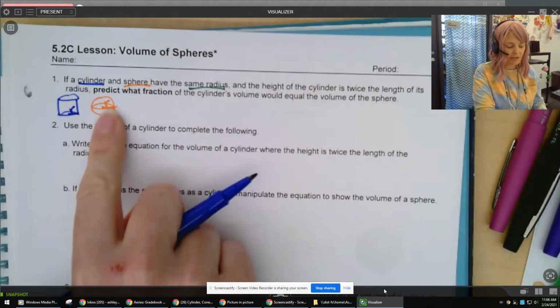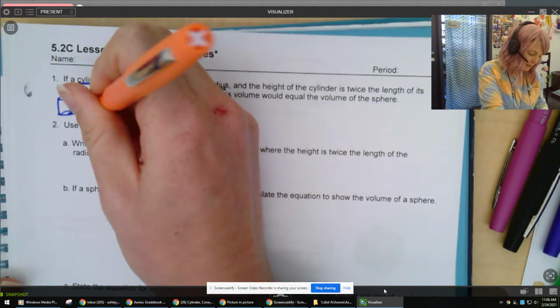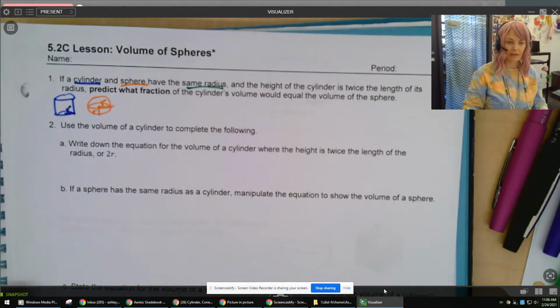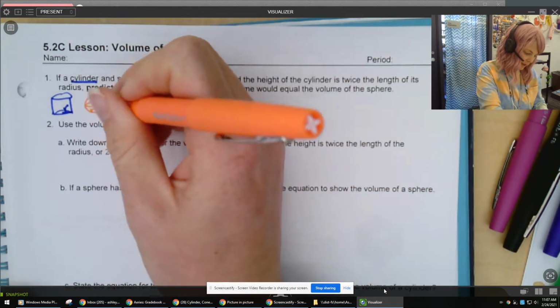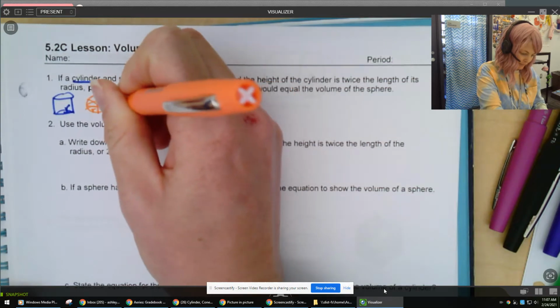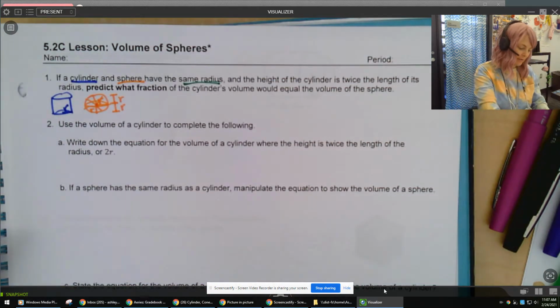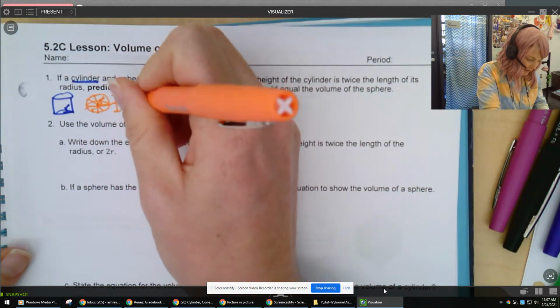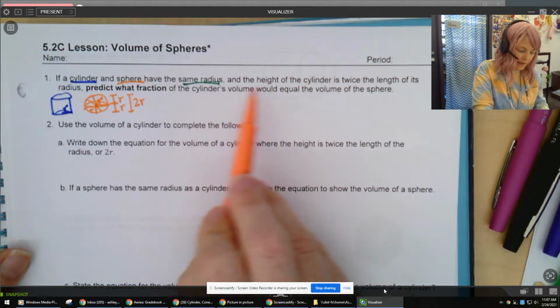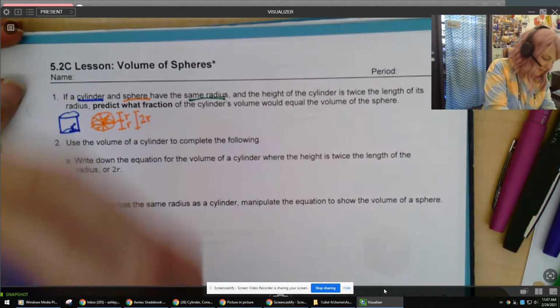But notice what's interesting about a sphere: the radius is the distance from the center to the end of the sphere anywhere, it's all a radius. The height of the sphere is then 2r. And it says the height of the cylinder is twice the length of the radius, so that's where that came from.